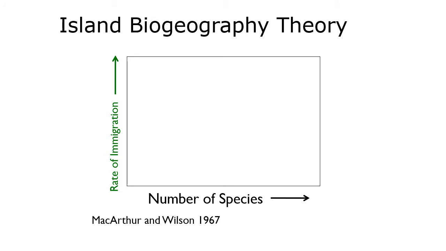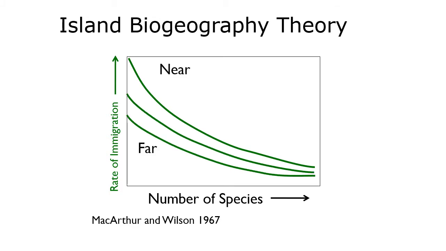So this is a much nicer example of this. We can see the rate of immigration on islands is going to depend on how near or far they are from sources of species. And this really does show you that fragmentation of habitat would increase isolation, anything that's going to increase isolation.